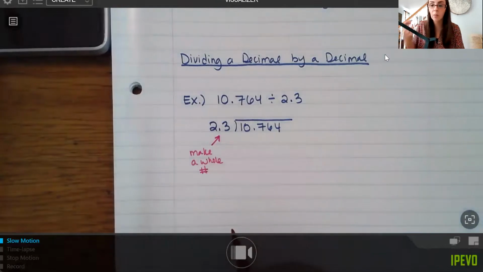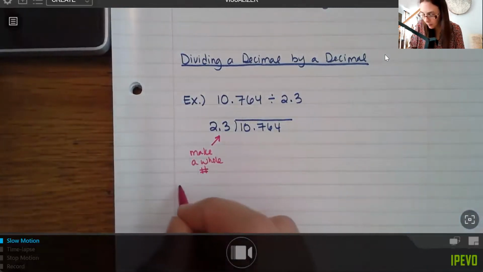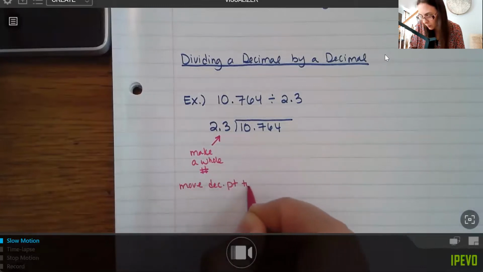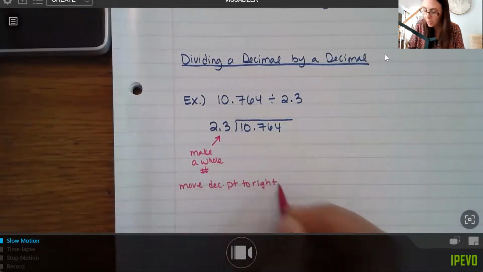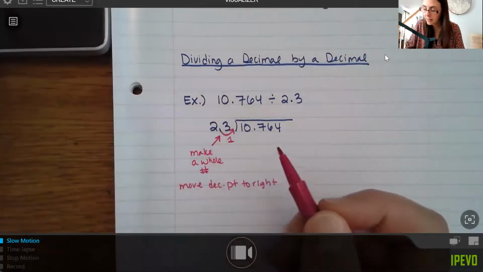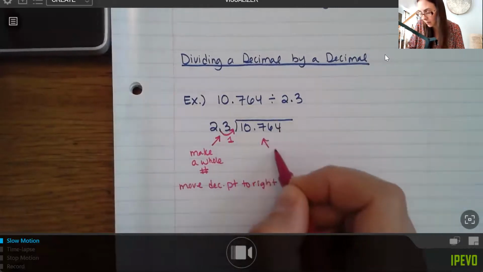And to do that, we're going to move the decimal point to the right. Okay. So I'm going to move it all the way to the end of the number. Here in this case, I happen to move it one place. And you make the same change on the inside.